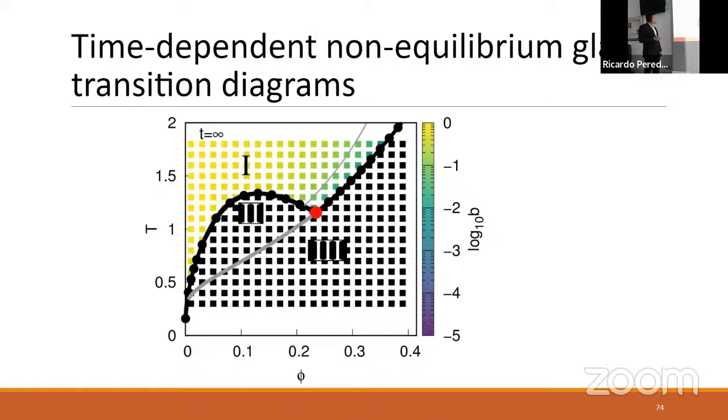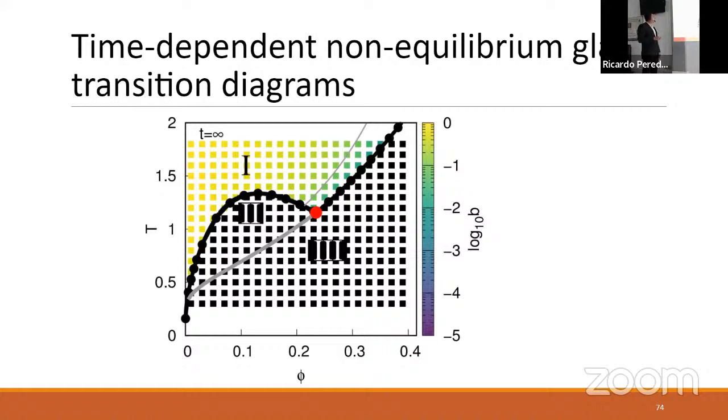Whereas we can distinguish, by exploring other kinds of properties, 2 different regions between the dynamically arrested states of the system. One for gel-like arrested states, which I will be showing later. What are the differences that we can observe from these states to this one, and one for the glass-like arrested states.